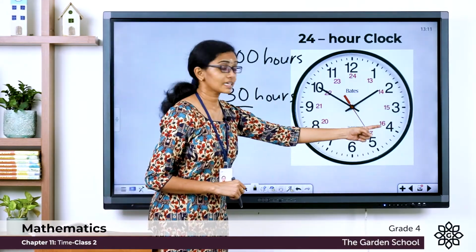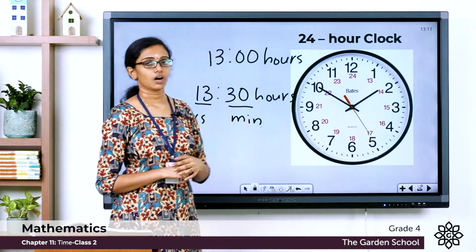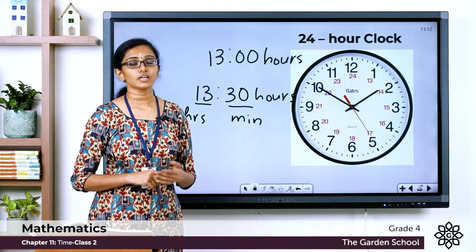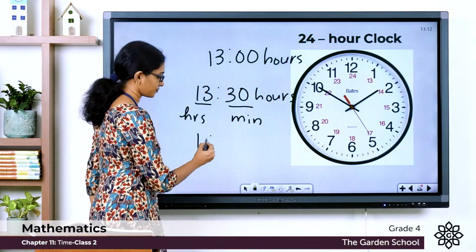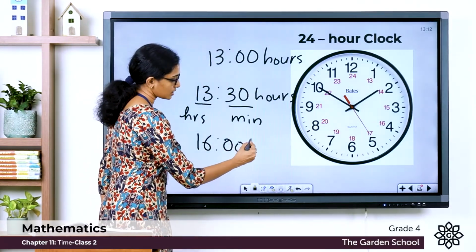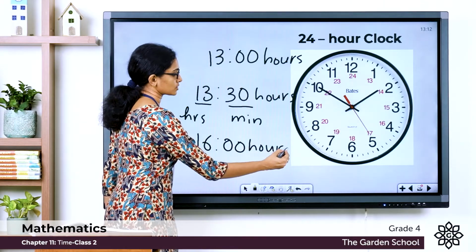What if the time is 4:30 in the evening? We say it is 16:30 hours. So 4 o'clock in the evening is represented as 16 hours on a 24-hour clock system.